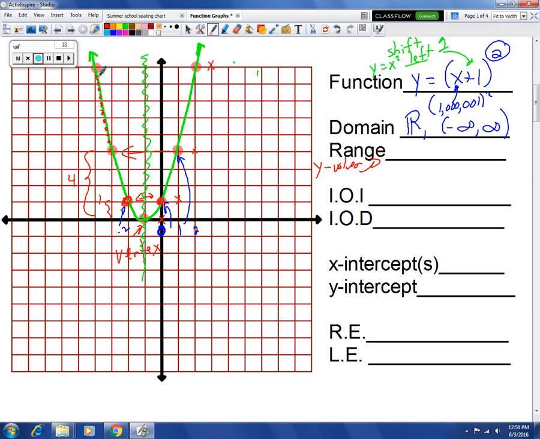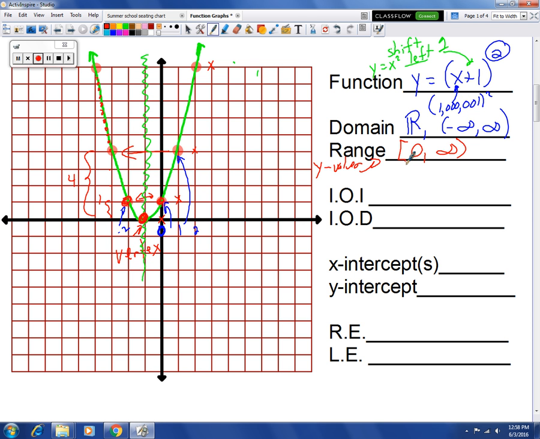So the range definitely starts at 0, and we can go up forever. Always put a parenthesis around an infinity sign, either positive or negative. What about 0? Can we actually get an answer of 0? Absolutely, it's right here. So we use a bracket, not a parenthesis. Now we can't get anything below 0.